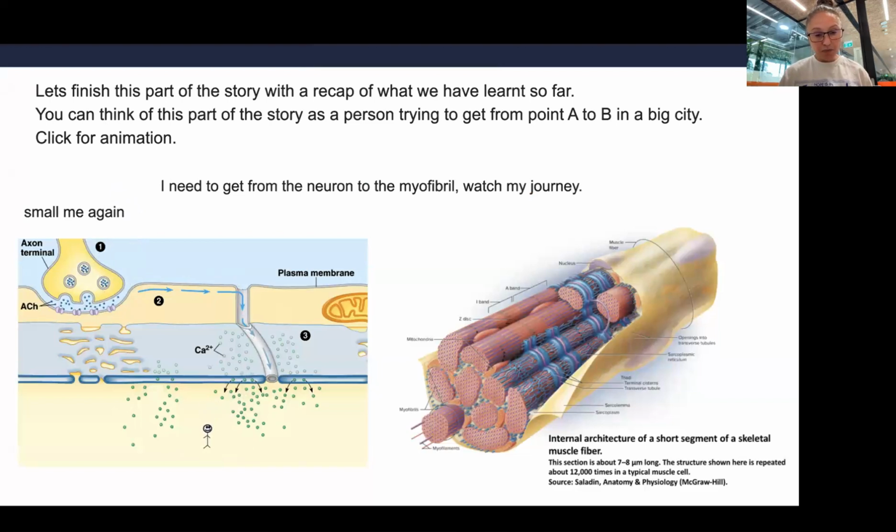Down the T-tubules, and then calcium moves out. And remember, we are there. So we have finished off this story, topic 6, part 2A, in the myofibril, where we've just dumped a whole bunch of calcium. So that should provide the missing piece.